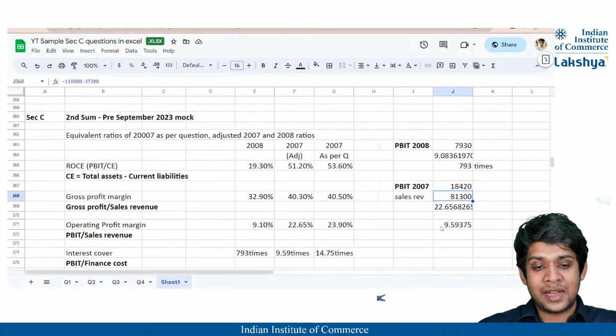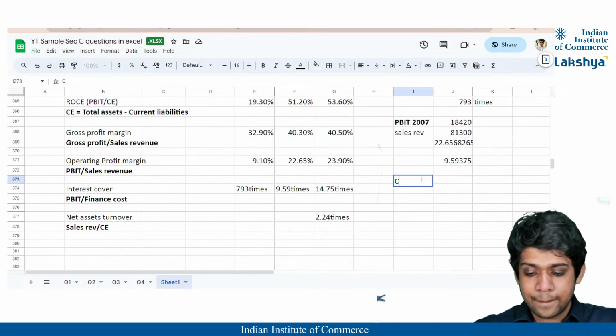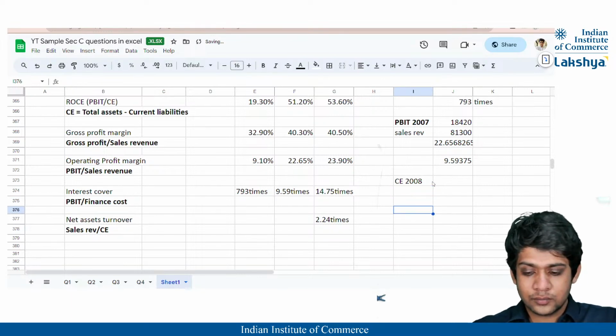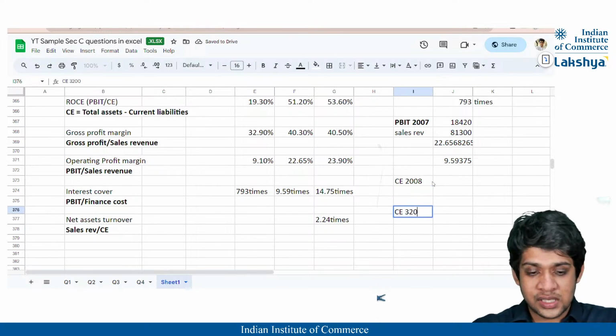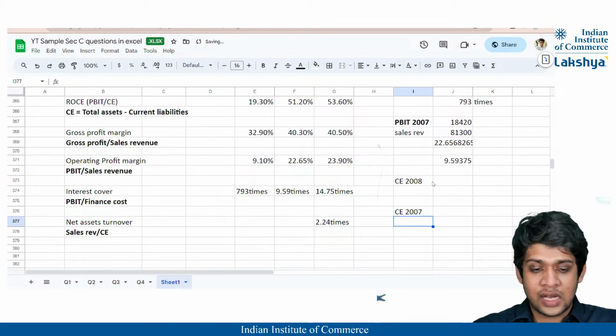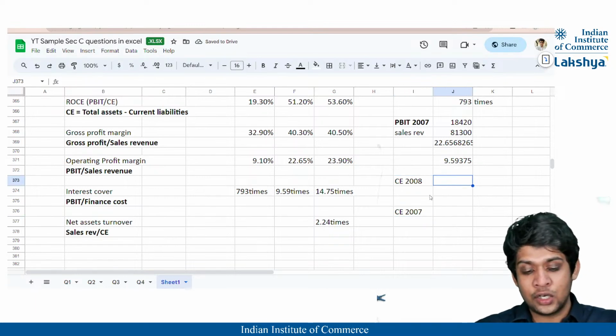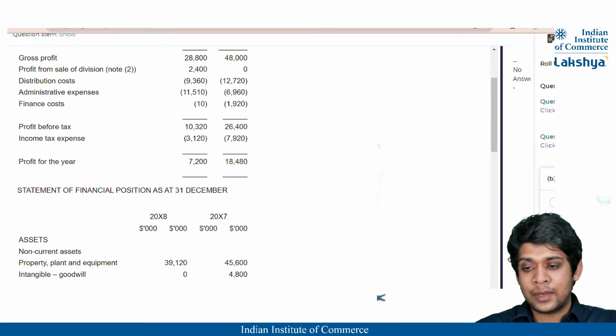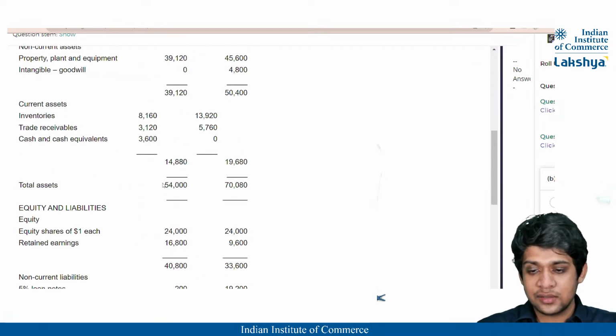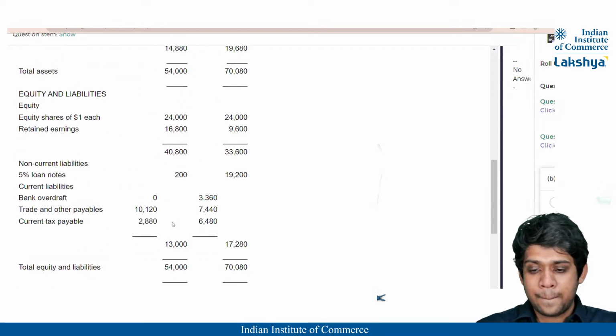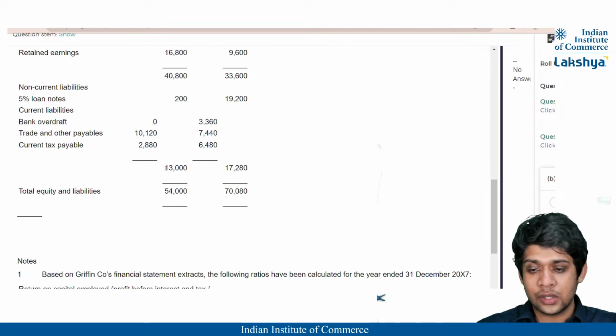So sales revenue divided by capital employed. Capital employed for 2008 is nothing but total assets 54,000 minus 13,000.